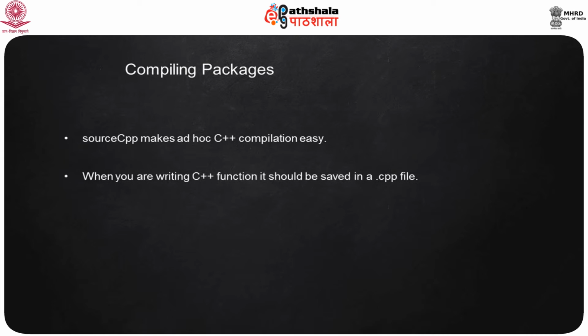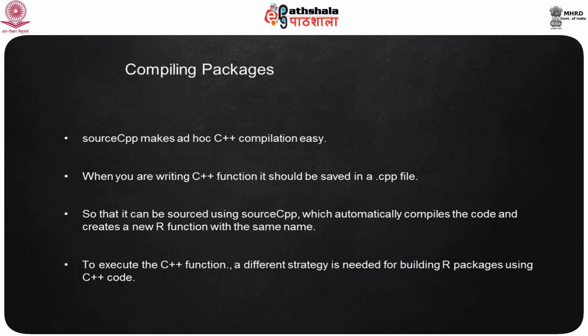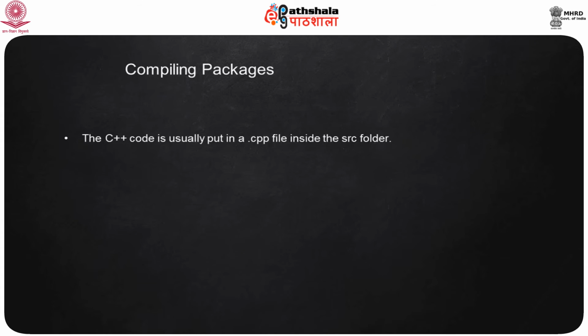When you are writing a C++ function, it should be saved in a .cpp file so that it can be sourced using sourceCpp, which automatically compiles the code and creates a new R function with the same name. To execute the C++ function, a different strategy is needed for building R packages using C++ code. The C++ code is usually put in a .cpp file inside the src folder.